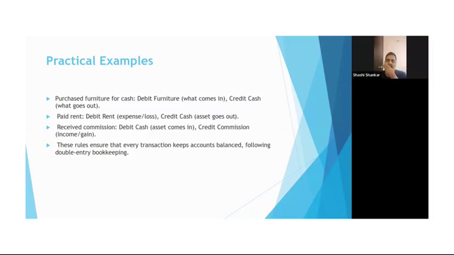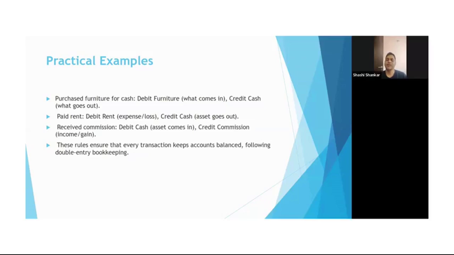The second one is rent paid. Rent paid is nothing but an expense or loss, so it is the debit side. On the credit side, cash goes out, it's a real account, so what goes out is credited. Similarly, commission received.